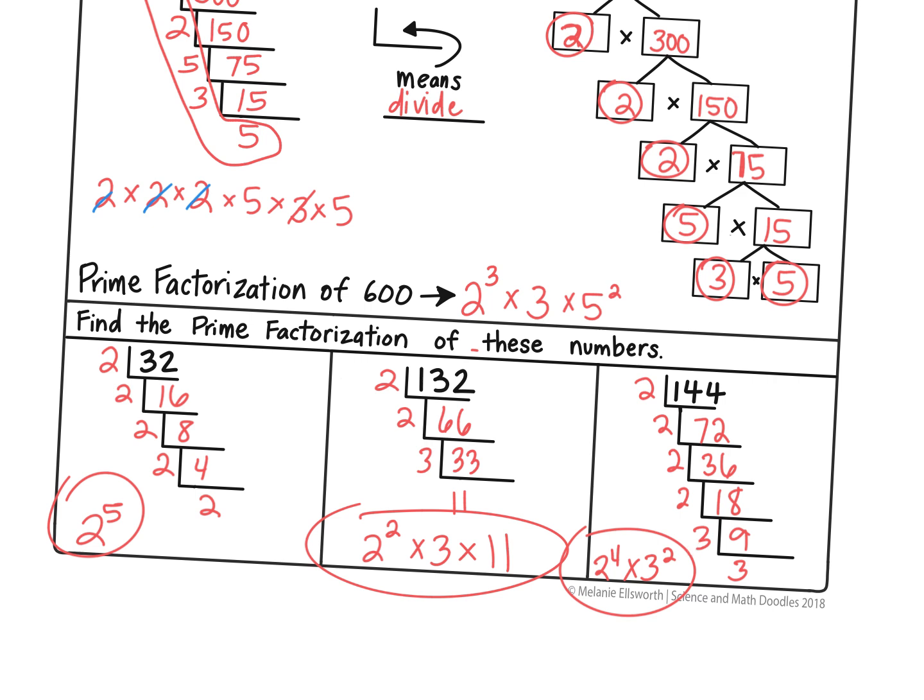I had 2 to the 3rd power times 3. Okay, so he's saying he did 36 divided by 3. If we did 36 divided by 3, that would be 12. And then 12 divided by 2, which is 6.